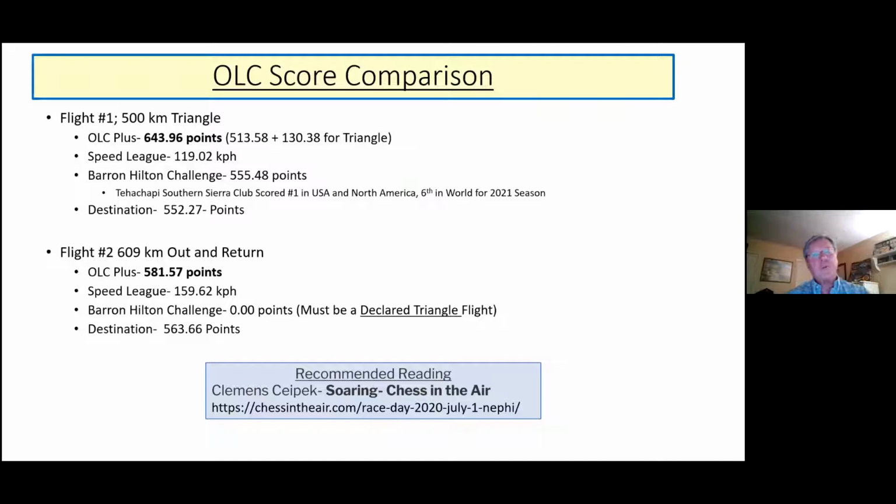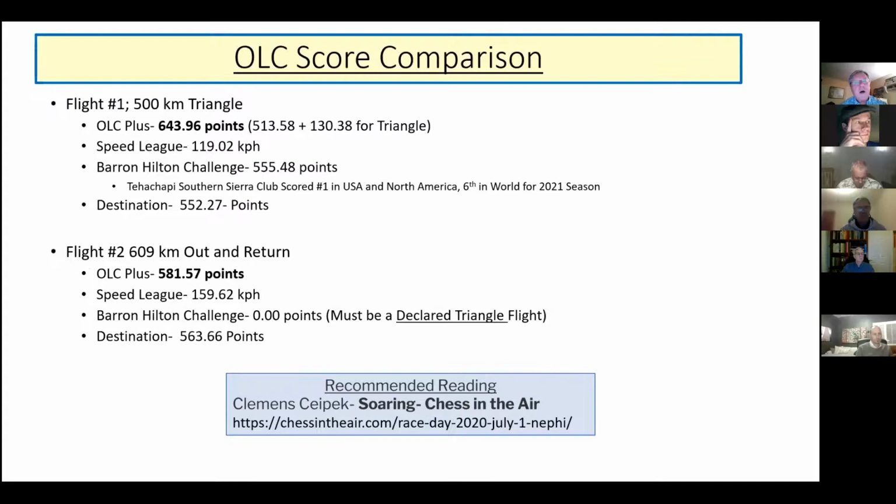You get bonus points for flying a triangle because it's a lot harder. If you just go up and back the same energy band or ridge or whatever it is that's creating your lift, you just go up and back. That doesn't take nearly as much skill as an equilateral triangle, which is going into different places and different areas. So it's much more challenging.